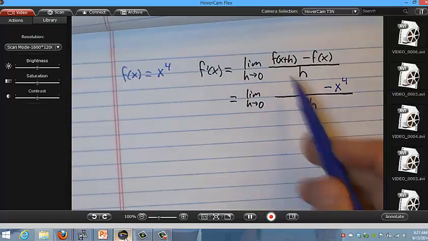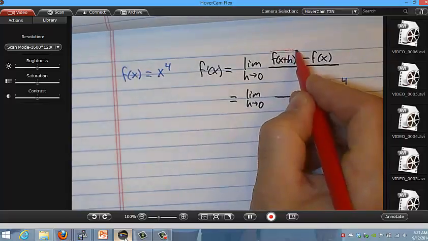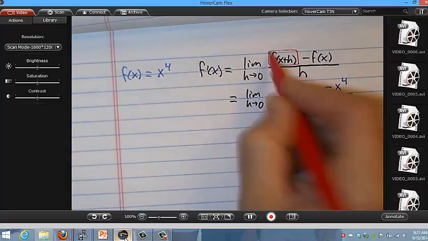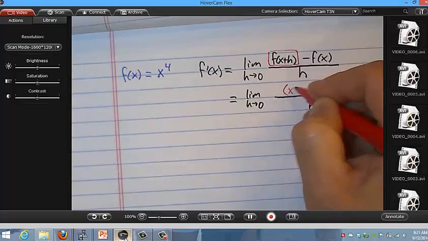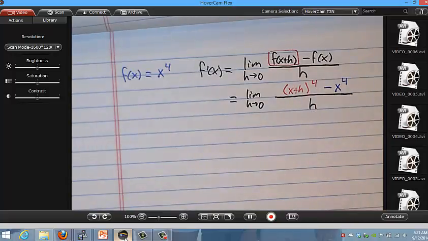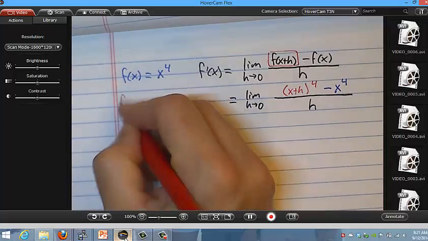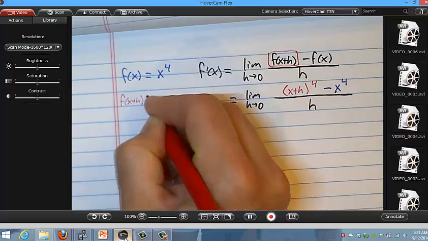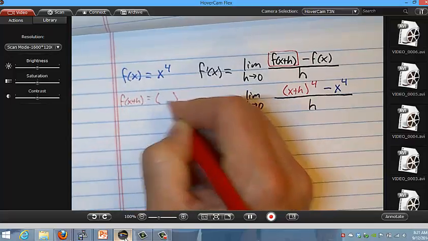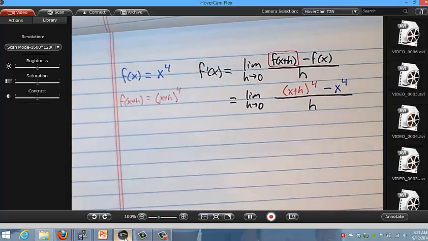And now the question is, do you know what goes here? Well, yeah, it's x plus h to the fourth power. Does that make sense to people? Because the function was f of x. When you write this expression, f of x plus h, that means anywhere it used to say x, write x plus h. You guys got it?